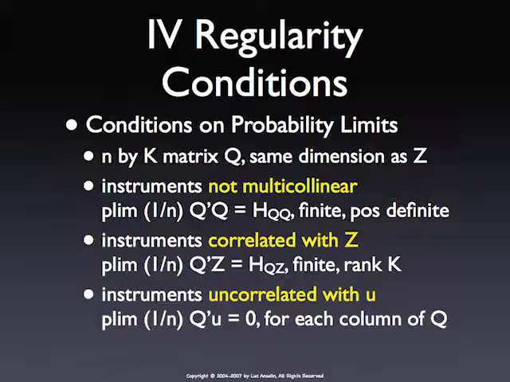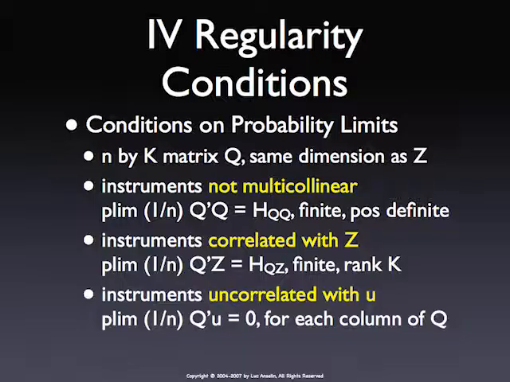I'm saying this half seriously because the textbooks are not consistent at all. In some textbooks, the instruments are Z, sometimes they're H, sometimes they're Q. So you really have to pay attention when you read this stuff. It's very confusing in the beginning. So let's just stick with Q. And Q is the same dimension as Z. This is very important. So there's a 1-to-1 correspondence, if you wish.